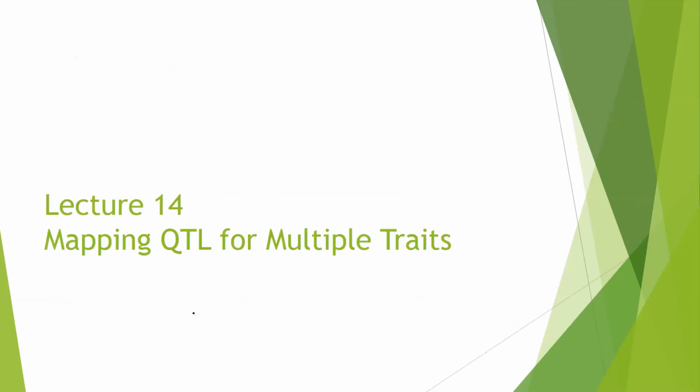Okay, so chapter 14 is mapping QTL for multiple traits. Here we talk about correlated traits. If two traits are totally independent, it is not that useful to analyze them simultaneously.